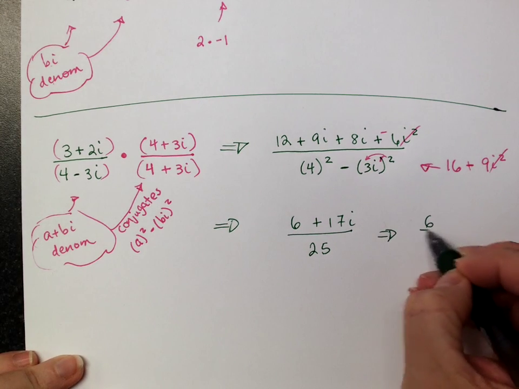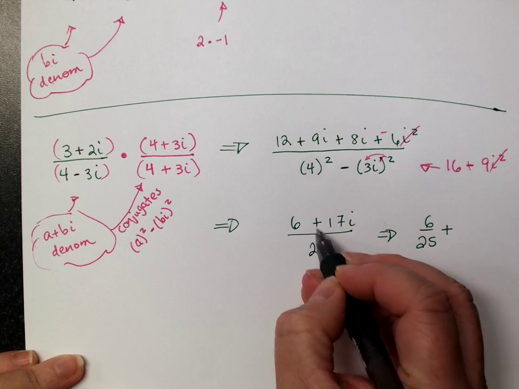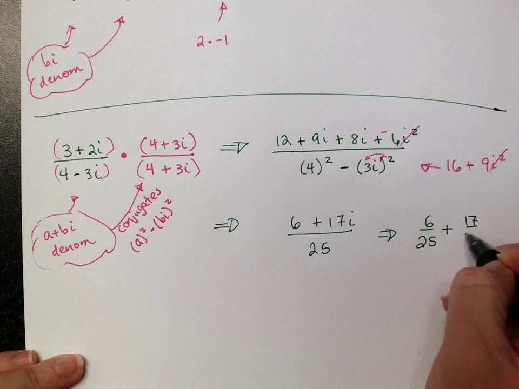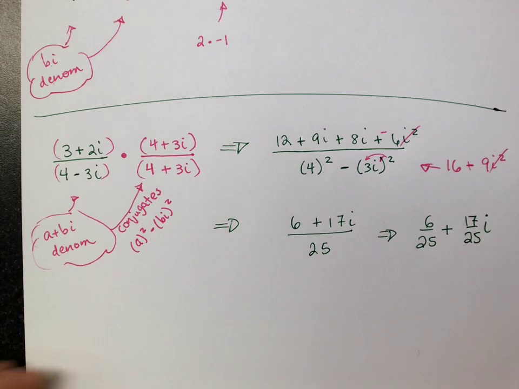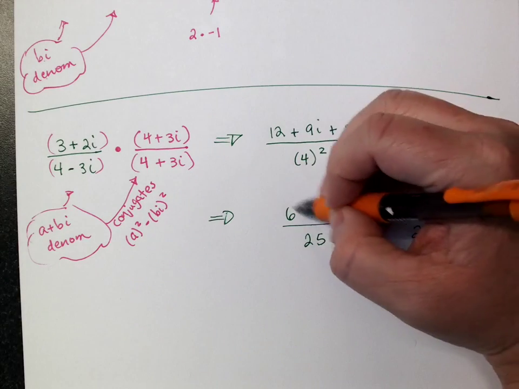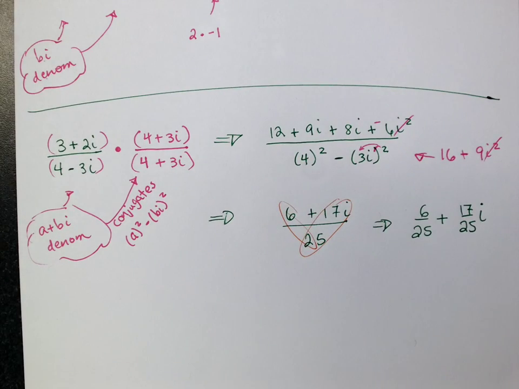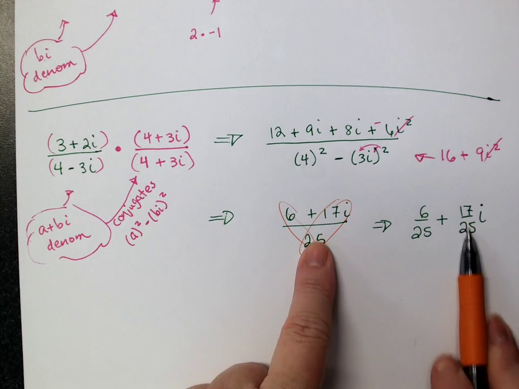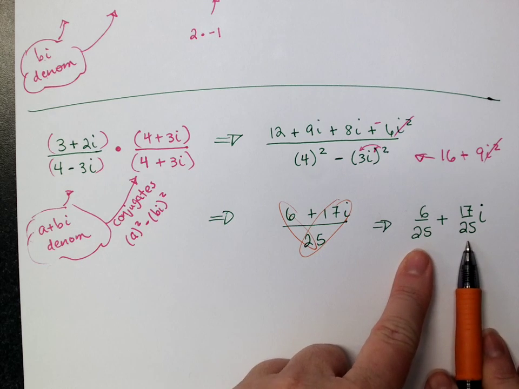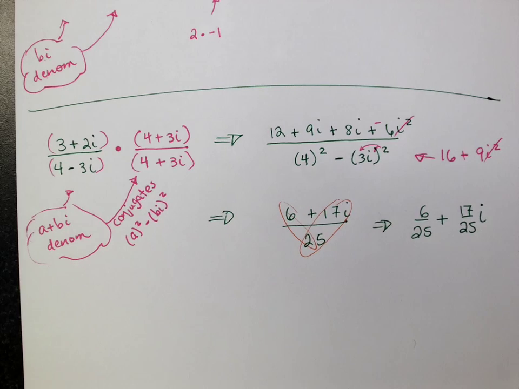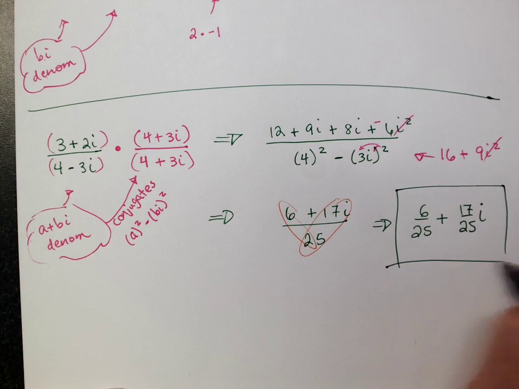So this is 6 over 25 plus 17i over 25. But we're going to go ahead and write that as 6 over 25, plus 17 over 25. There's our b, and our i goes right there. So it's basically, as I sometimes refer to it, a two-headed fraction. And A, B, pull out the fraction in front, and i, and then before you move on, see if you can reduce anything to lower terms. In this case, no, but you should check before you move on.